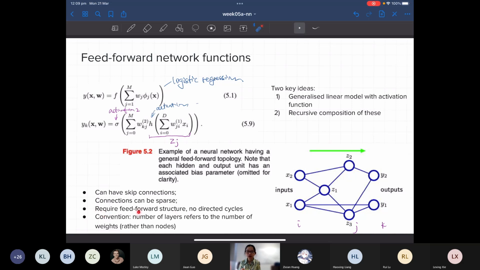This third bullet point is still key. It requires the feed-forward structure. There are no directed cycles, meaning the computation of the neural network is done from left to right on this picture. And when I want to update parameters, it's done from right to left.